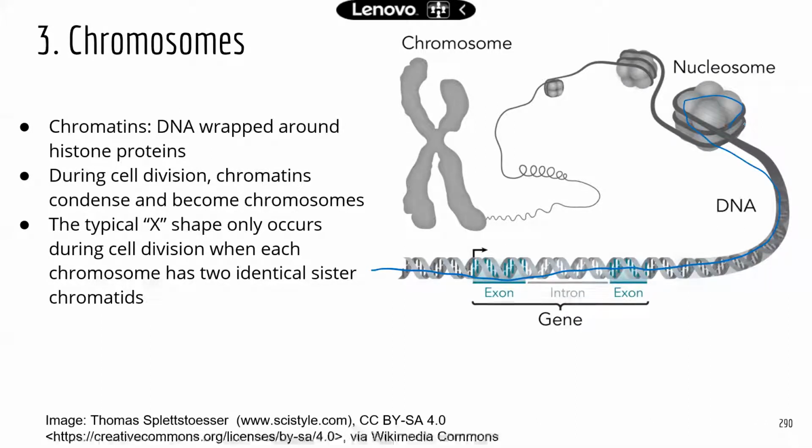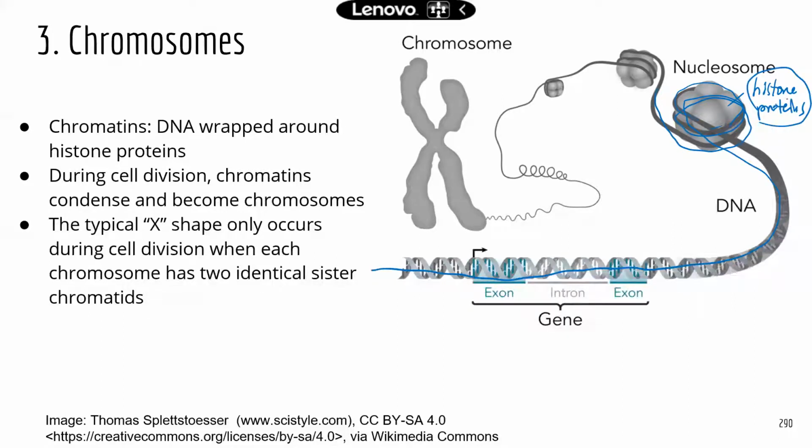So here is the mechanism to protect DNA, where the DNA, like a thread, wraps around some proteins like this. Okay? These protein complexes are called histone proteins.